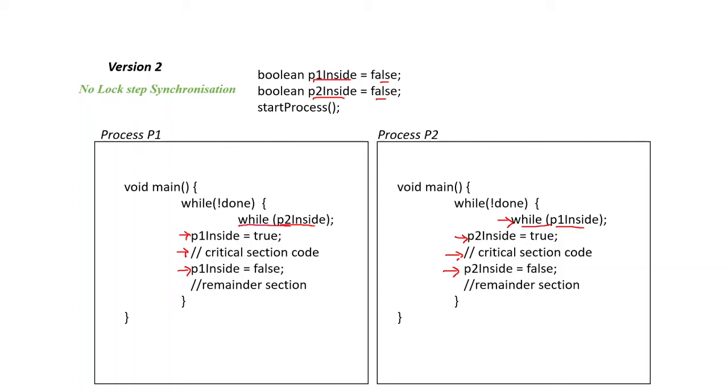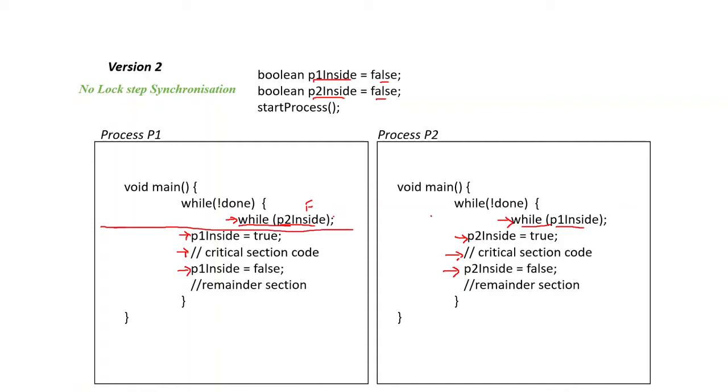Since this is the start of the process, p2 inside evaluates to false, and this while loop will evaluate to false. And say after executing this while loop, for some reason before it can execute p1 inside equals true, the processor suspends the operation of P1.